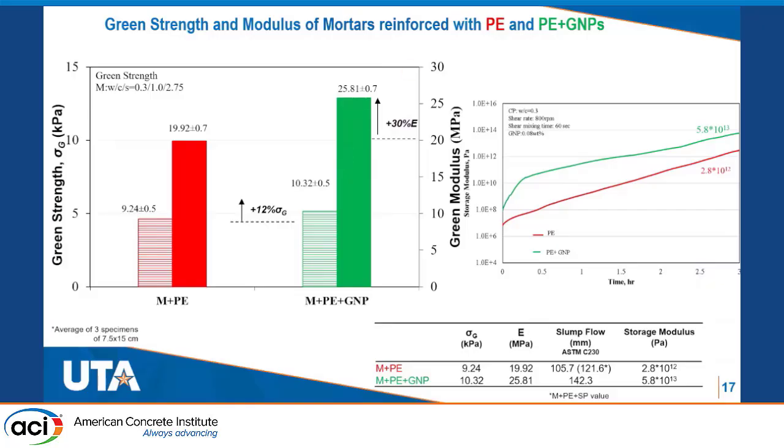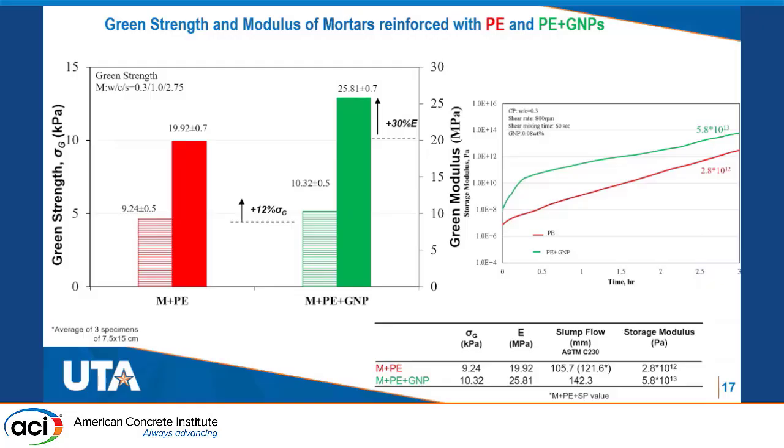So, as we observed from the results of this slide, by adding a low amount of exfoliated graphene nanoplatelets, which is a controlled procedure after we tested the particle size and analyzed all the parameters, we increased the green modulus of elasticity by 30% when compared to mortar with polyethylene fibers alone. These results are very encouraging for use of graphene nanoplatelets in improving the buildability and storage modulus in the mixes with polyethylene fibers.